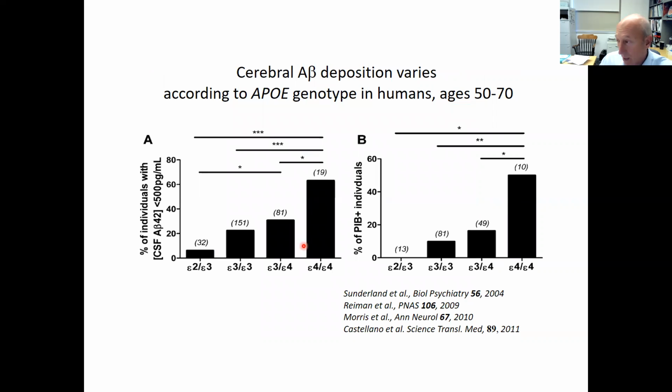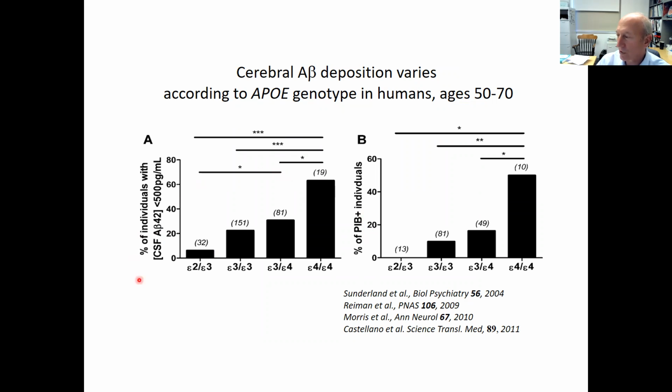So this is just an example of one study that we published. There's several others in the literature where we studied, in this case at our ADRC, over 200 people who were cognitively normal between the ages of 50 and 70, mean age of 60. And we looked at whether or not they had amyloid in the brain, as defined either with CSF criteria or by amyloid imaging.